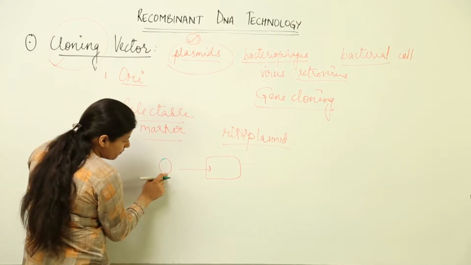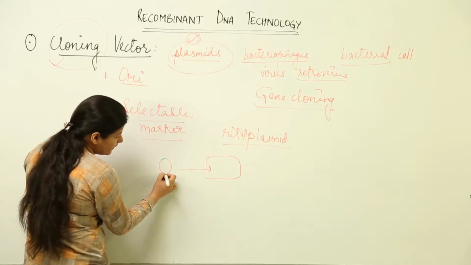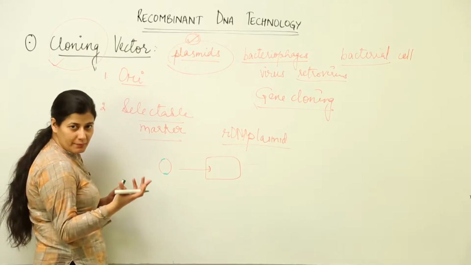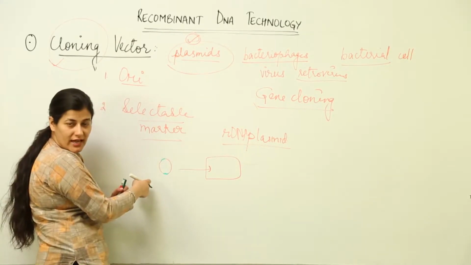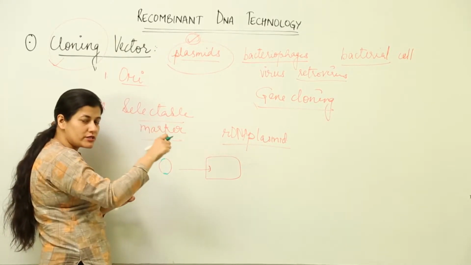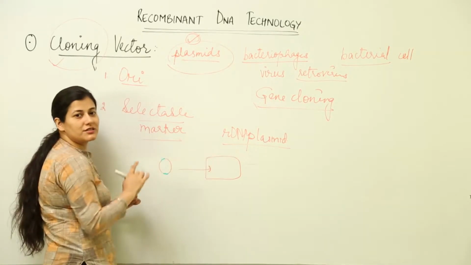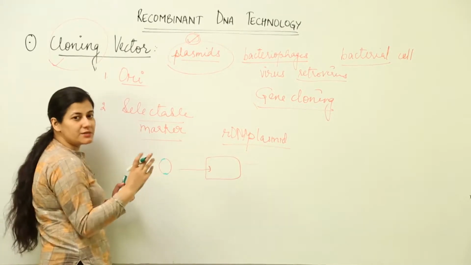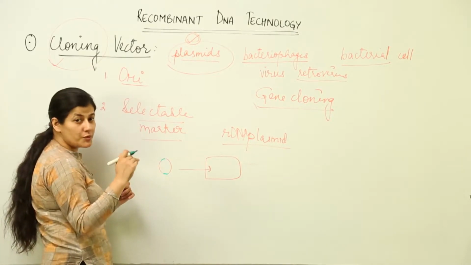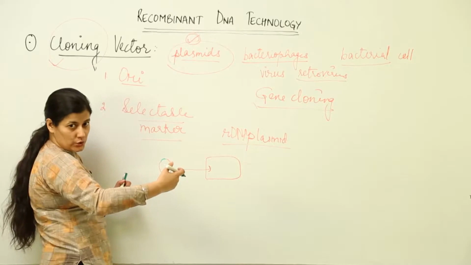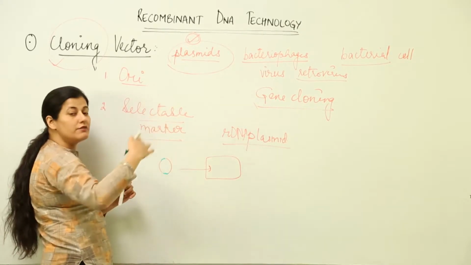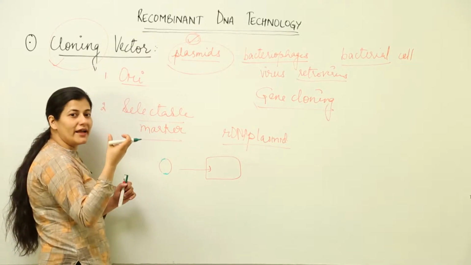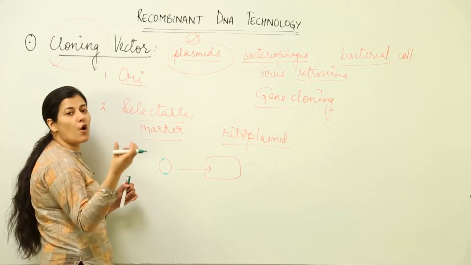Now we must mark it with some other characteristic or other ability which it originally doesn't have, so that we can make out that the host has been infected by the vector. Okay, this is what I am trying to tell you, that selectable marker is that characteristic which we deliberately put into the plasmid, that is the vector, so that we get to know that a transformant has been formed or not.